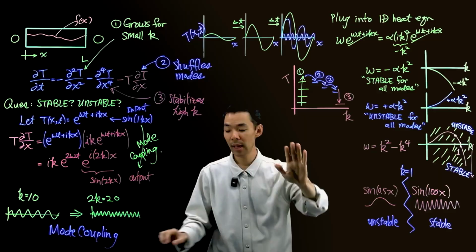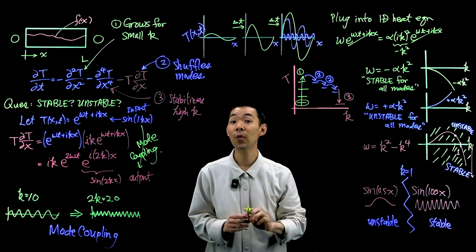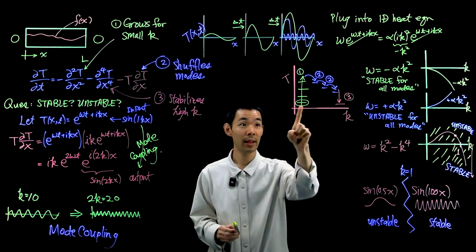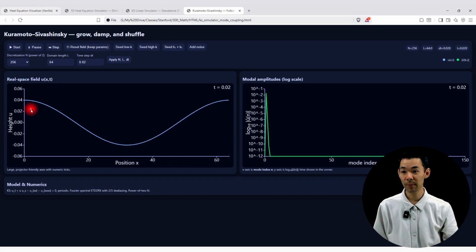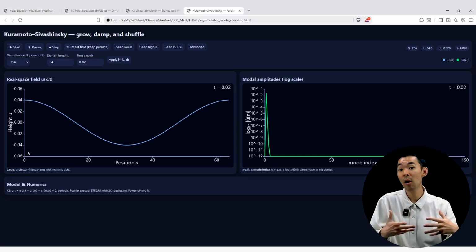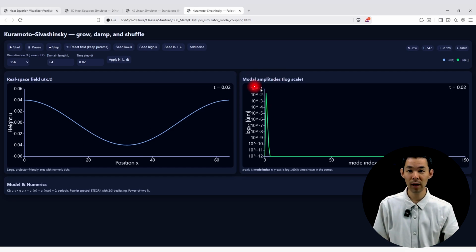So back on the board, that would be like I'm giving it a small little peak for small k. I'm giving it a low k. And you can tell from the screen here that the magnitude of these perturbations are small. It's 0.04. So that's a small little seed that I'm giving it. Now, over on the right, what we're plotting here is the amplitude of that as a function of the mode number.